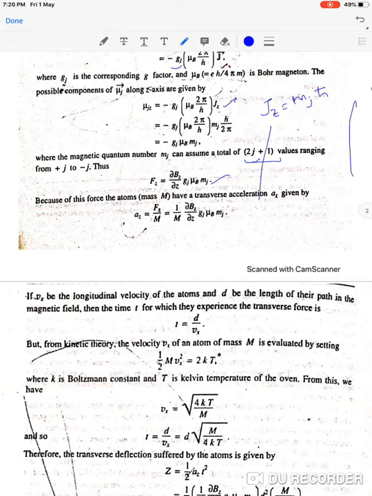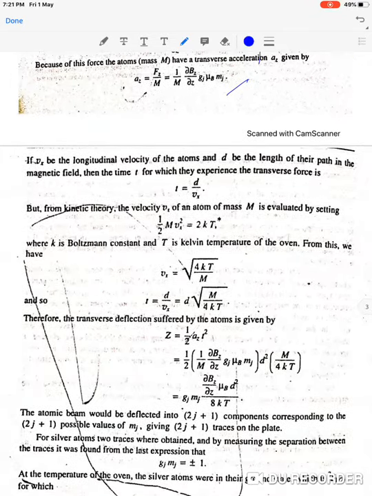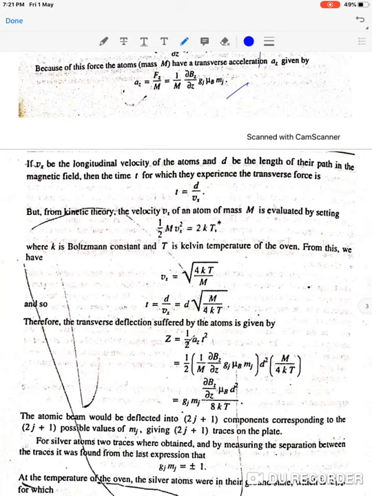Because of this force, the atoms have a transverse acceleration, which classical mechanically, using Newton's second law of motion, gives az equal to Fz upon m, where m is the mass of those atoms, those tiny magnets. Initially we had Vx as the longitudinal velocity of the atom, and d as the length of their path in the magnetic field.